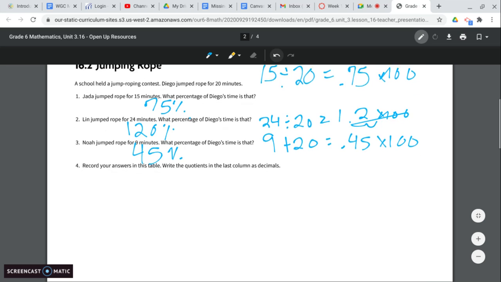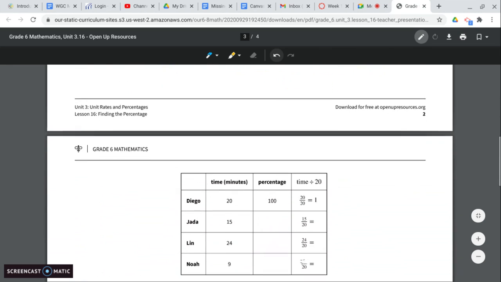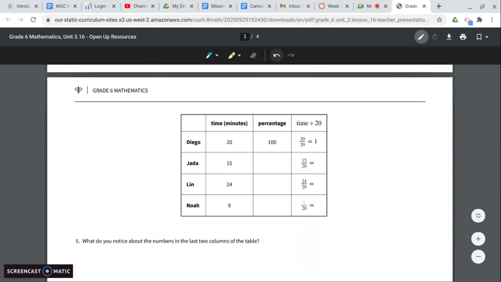So we have this table here. Diego's time in minutes was 20, so the percentage is 100. We're taking the time they jumped divided by 20. So 20 divided by 20 is 1. That's how we know the percentage is 100. Jada was 15 minutes. So 15 divided by 20 is 0.75, so our percentage is 75.